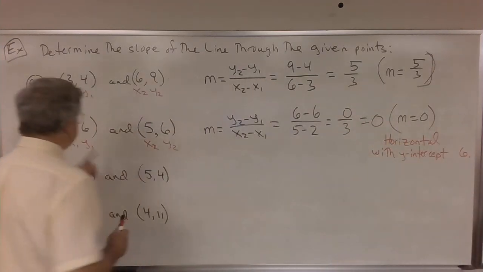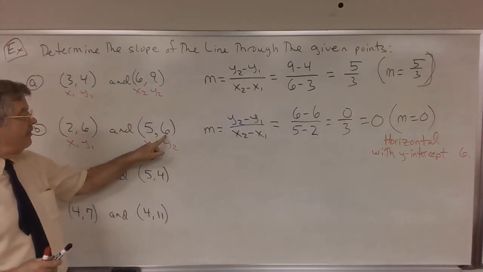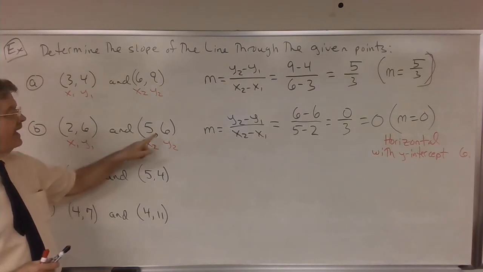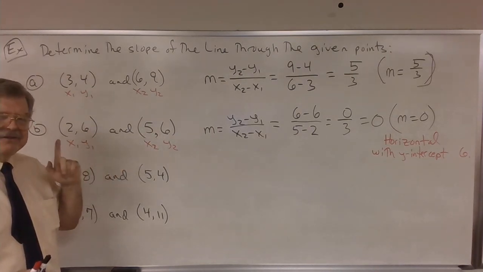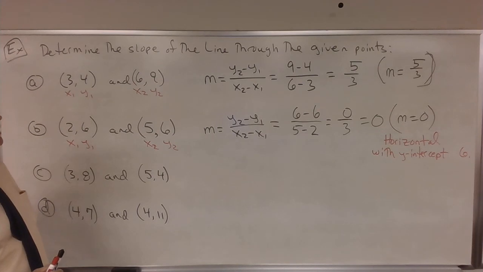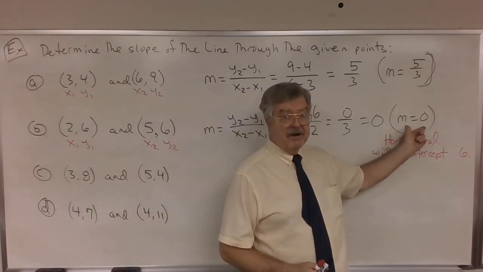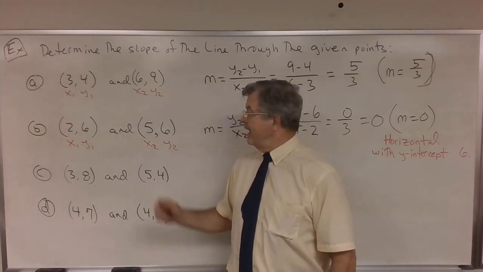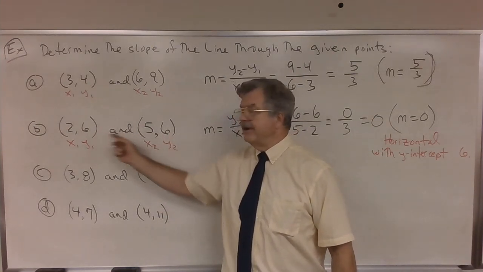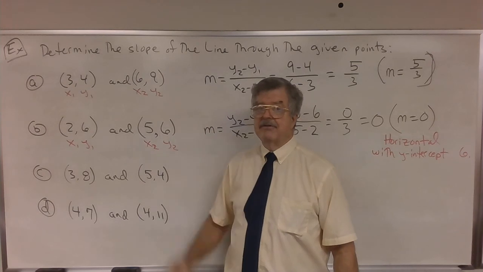So this is a horizontal line, and the y-coordinate of every point on this line is 6. So when we have a 0 slope, the line's horizontal, and the y-coordinate of the 2 points is going to be the y-intercept.